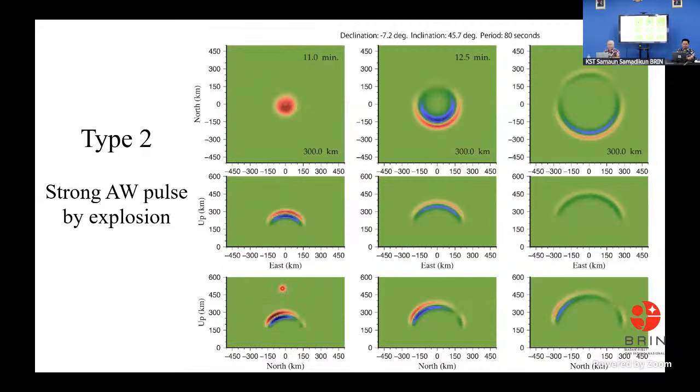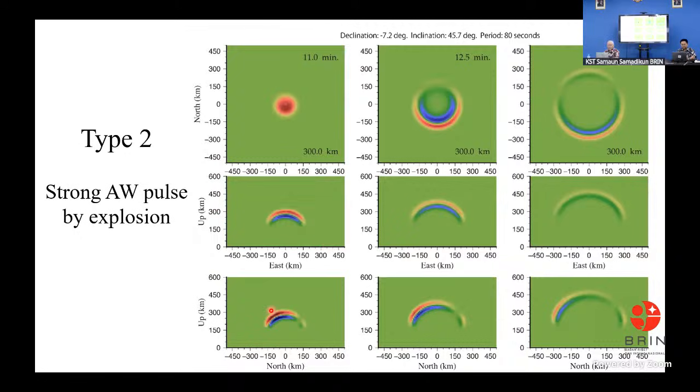So this simulates the upward propagation of the wave, and it's a snapshot at 11 minutes, 12.5 minutes and 14 minutes after the generation of the wave. This is a view from the upper side, so it is north-south and east-west. The middle one is a cross-section, up-down and east-west.